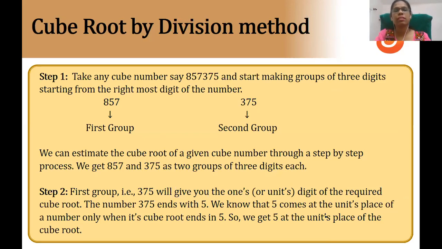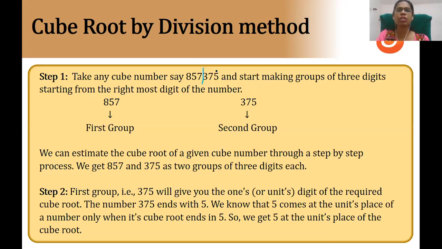Now we'll discuss making groups of 3 digits starting from the rightmost digit of the number. We have to find the cube root of 857,375. So what will we do? First we'll divide it into two groups.